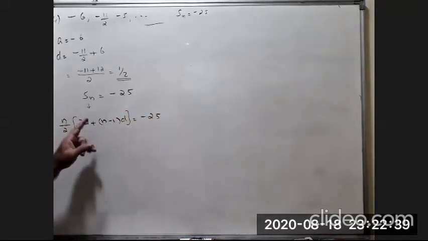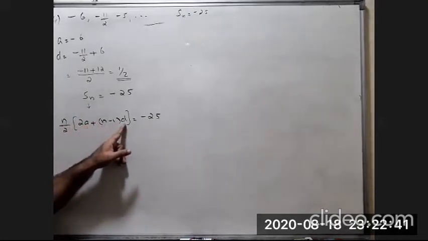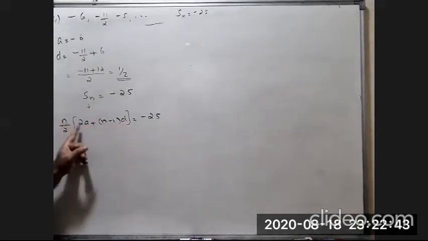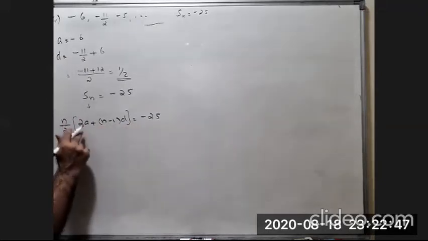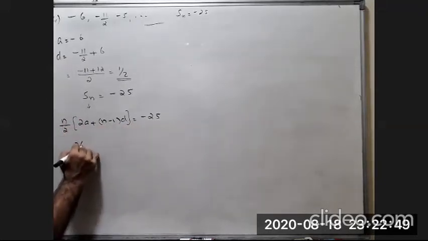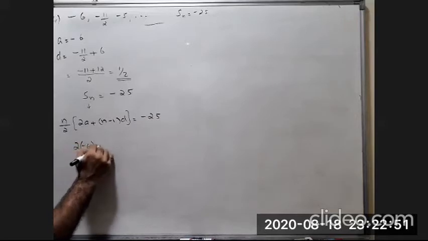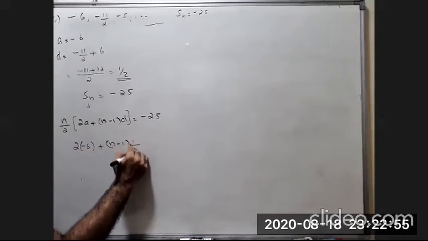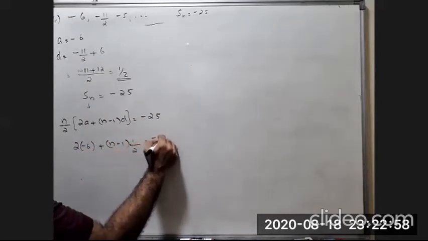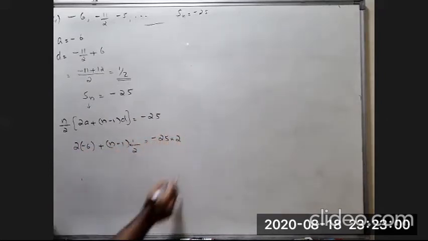Here, the values of a and d are known, the only unknown is n. So cross multiply this 2. The value of a is minus 6, n minus 1, value of d is 1 by 2, equals minus 25 into 2. Why into 2?